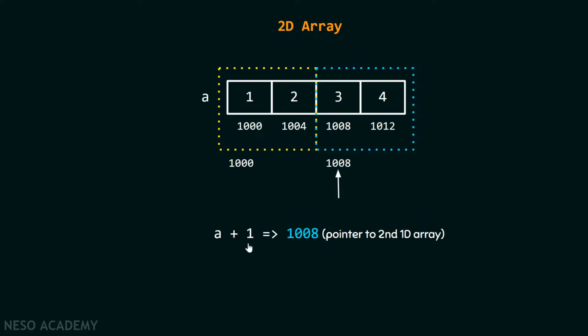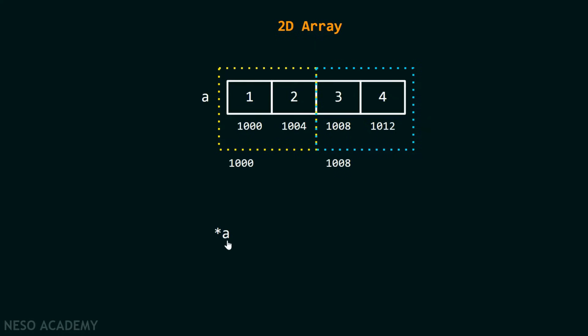If we add 1 to the array A, that is, as A contains the address of the whole first one-dimensional array, if we add 1 to it, we will get the address of the second one-dimensional array, that is 1008. So basically in this case, we have to skip these 2 elements instead of skipping just one element. Okay. So we are getting this address 1008, which is the base address of the second one-dimensional array.